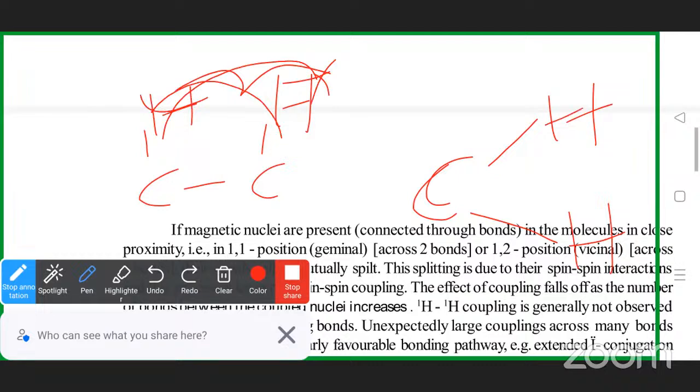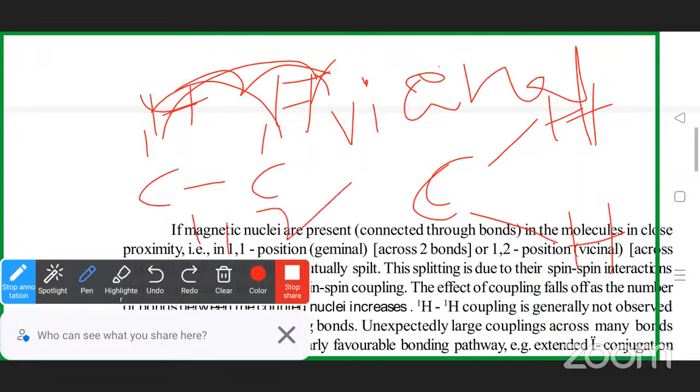We call this vicinal coupling, when the two protons are in the 1-2 position, the 1-2 coupling or vicinal coupling.